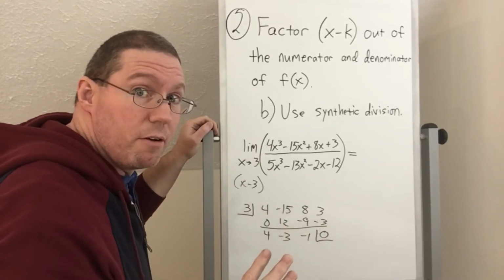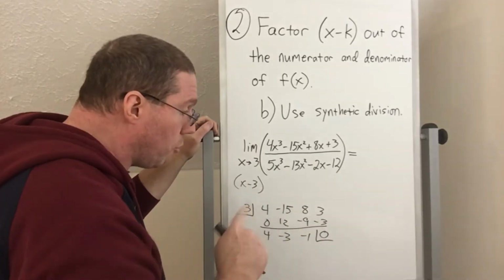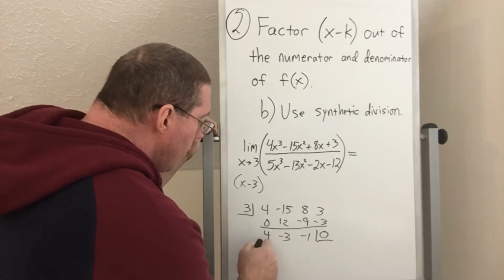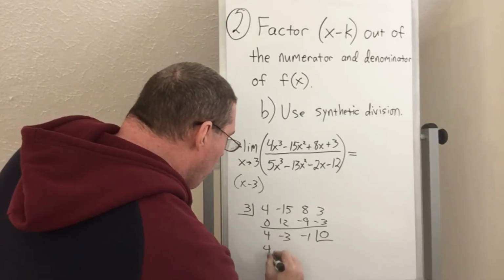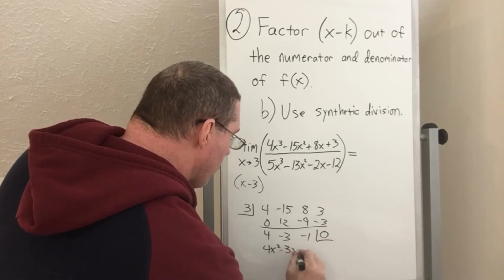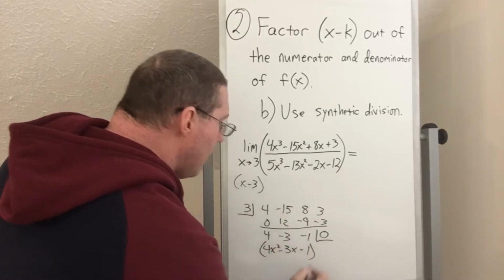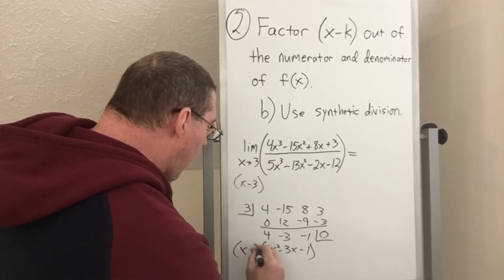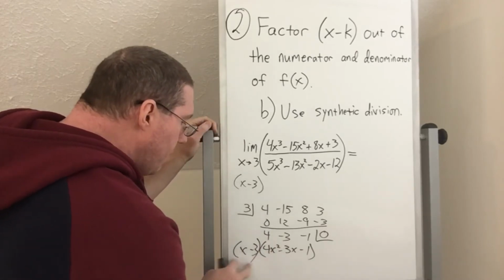If you didn't get a remainder of 0, then x minus 3 is not a factor or you did something wrong. So now, what's left over here? I have 4x squared minus 3x minus 1. Well, that is what goes along with the x minus 3. And so now this becomes my numerator.